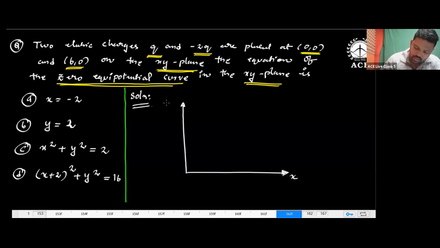Here it is X, here it is Y. Where is this charge located, beta? 0, 0. The other charge is at 6, 0.